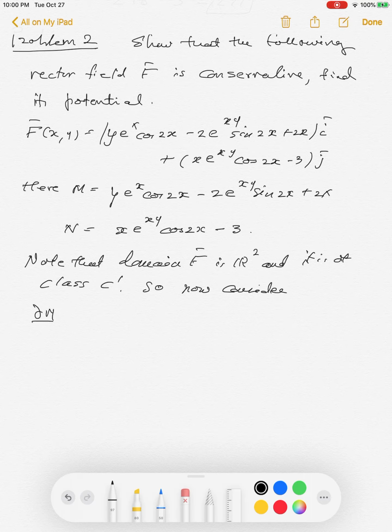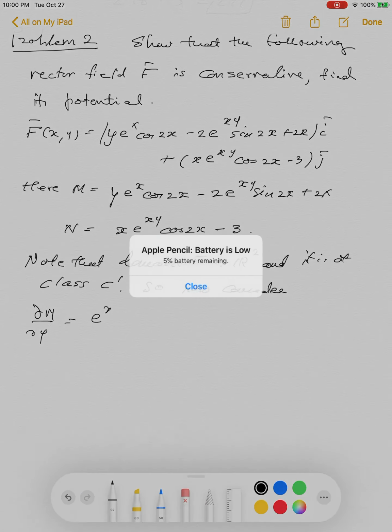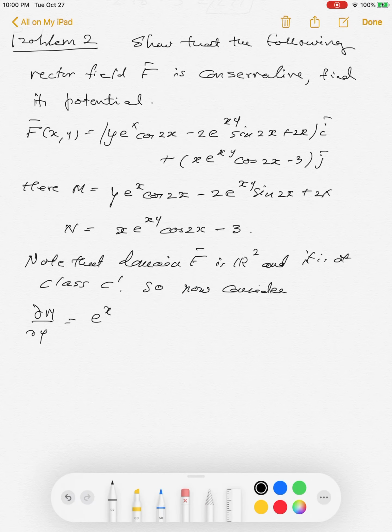So now consider dm dy. If you differentiate with respect to y, you get e to the x cos 2x. Then the derivative with respect to y of the second term is going to be 2 sine 2x, I write outside.